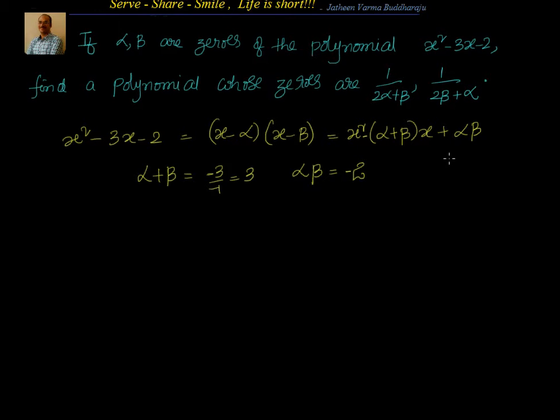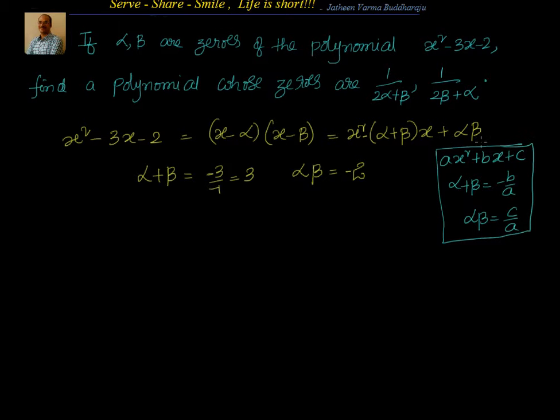In general, if ax square plus bx plus c is a quadratic polynomial and alpha beta are its zeros, then alpha plus beta equal to minus b by a and alpha beta equal to c by a. The same thing we can also derive. Now we know alpha plus beta is 3 and alpha beta is minus 2.